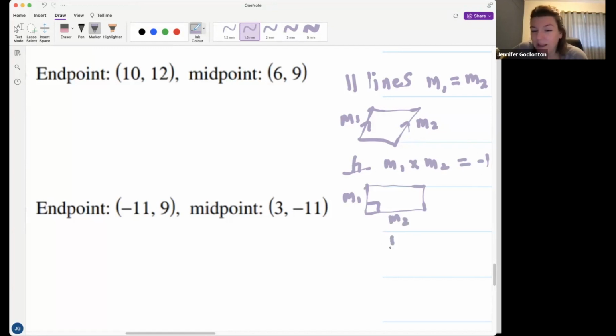Basically, if one of them is a half, the other one is -2. So it's just inverted, with a negative. Hopefully that little quick knowledge dump will help you out. I'll leave it on the board for a couple minutes and then I'll take it off.